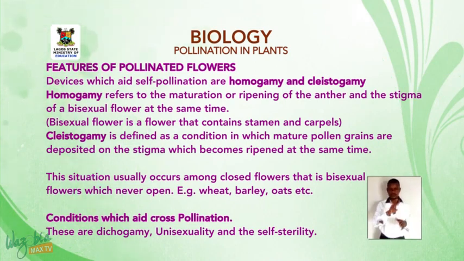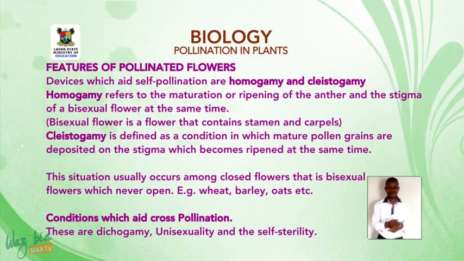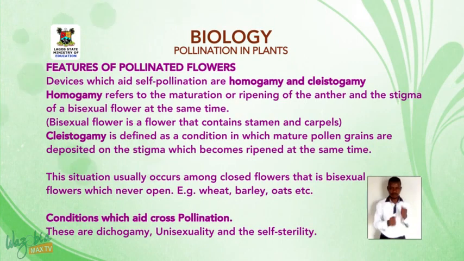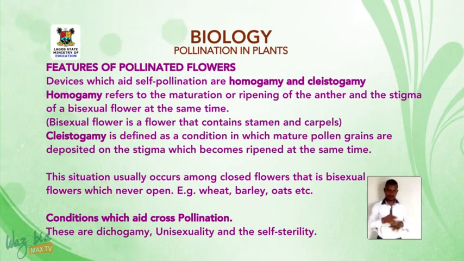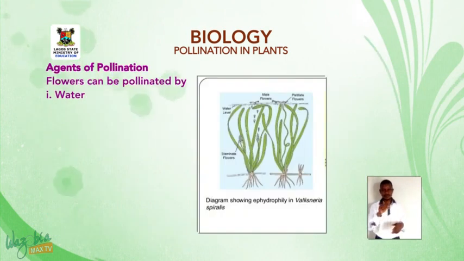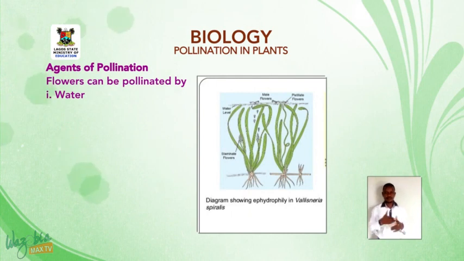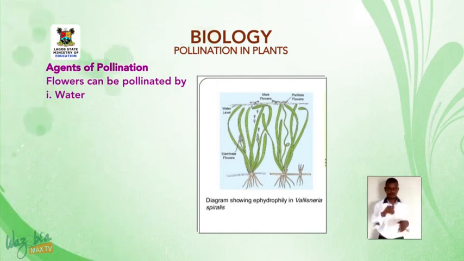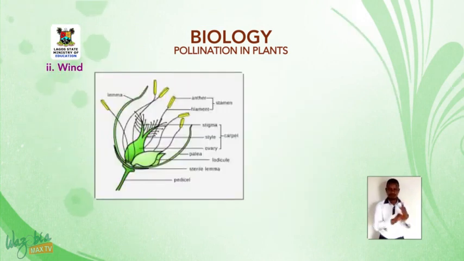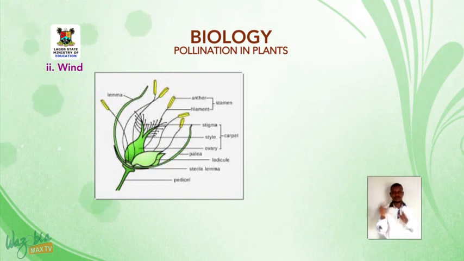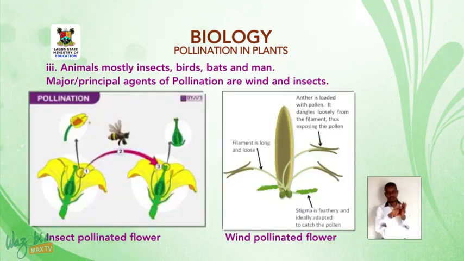Conditions which aid cross-pollination. Here we have dichogamy, unisexuality, and self-sterility. Now let us look at the agents of pollination. Flowers can be pollinated by 1. Water. Look at the picture. 2. Wind. Look at the picture of the flower. 3.